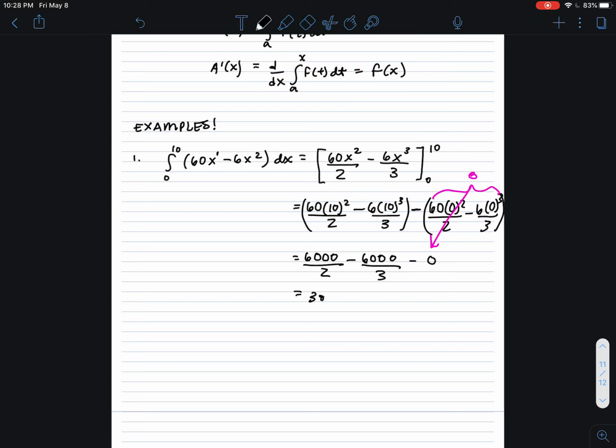And when we simplify these fractions, we get 3,000 minus 2,000, which is 1,000. And that would be your final answer.